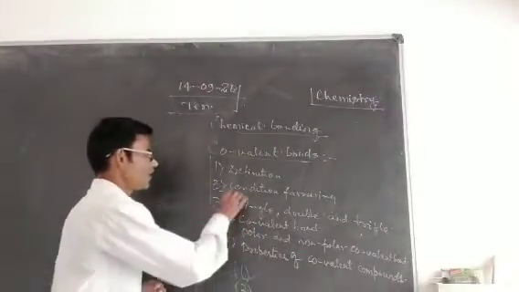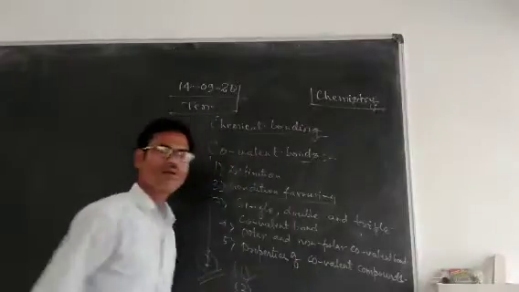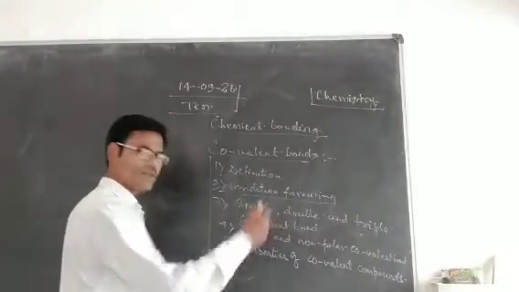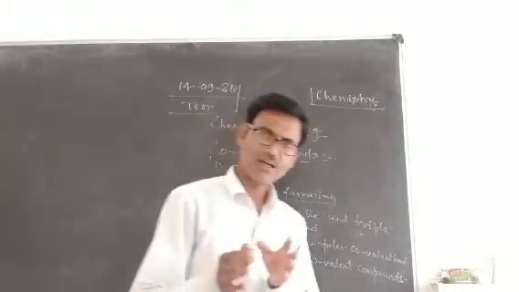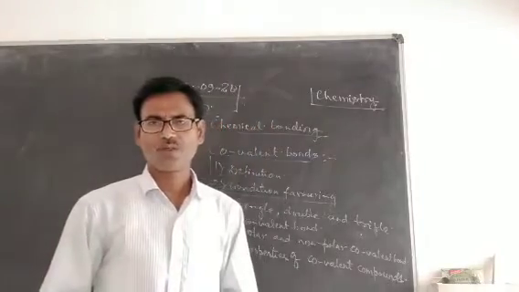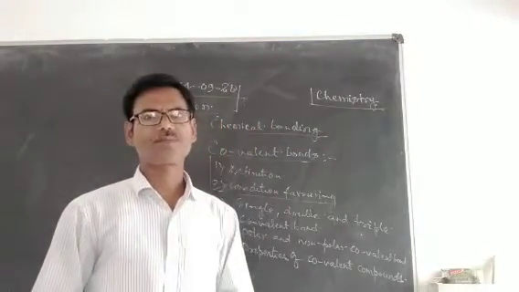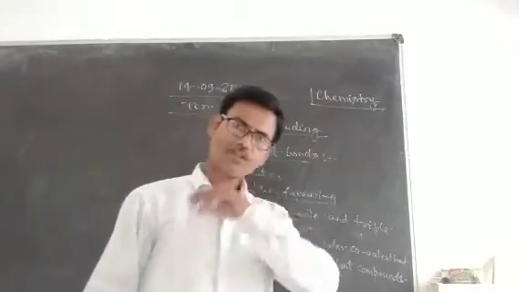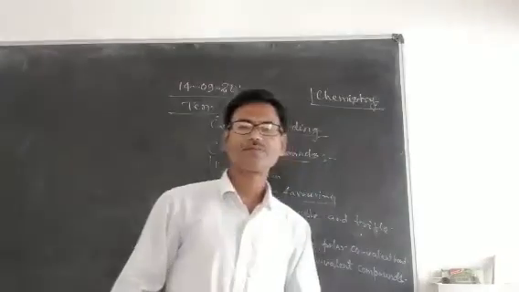Next, conditions favoring the formation of a covalent bond. A covalent bond is formed when both the atoms are of the same element. Between the atoms of the same element, always a covalent bond is formed.